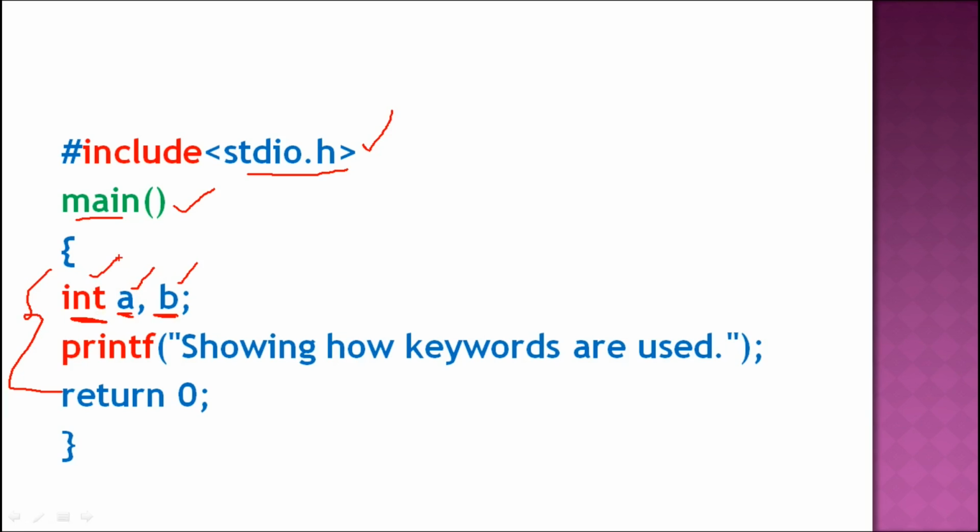We are asked to print just what is shown within the quotes in this bracket, and we also asked to return the value 0 if it is executed successfully. That means we are not doing anything, just printing what we represented within the quotes. Okay, let us jump to our lab session.